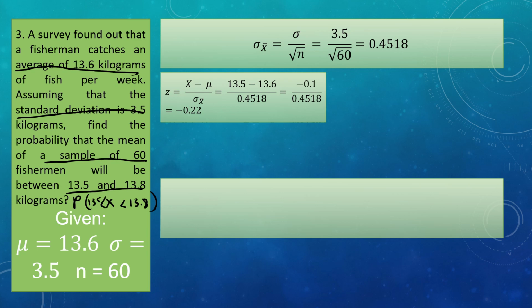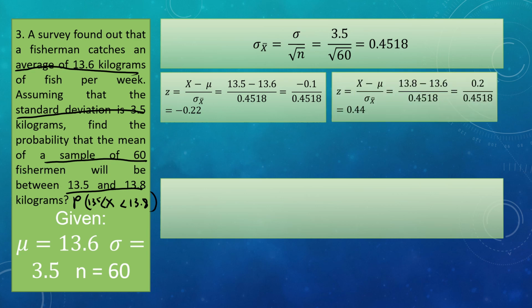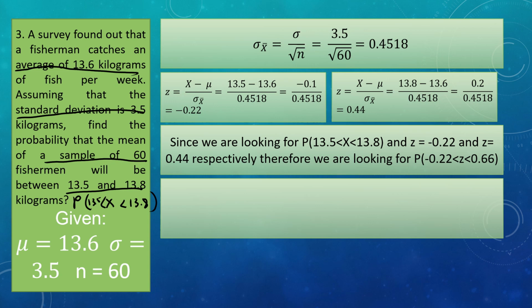Now, for the second value, Z is equal to 13.8 minus 13.6 divided by 0.4518. 13.8 minus 13.6 is equal to 0.2, divided by 0.4518. The answer is 0.44. So we're looking for P of Z greater than negative 0.22 but less than 0.44.